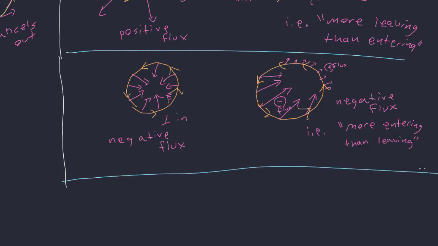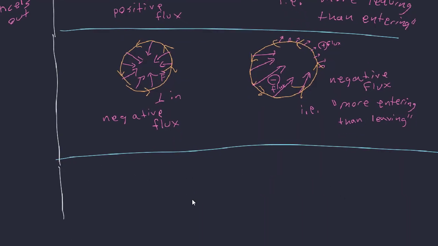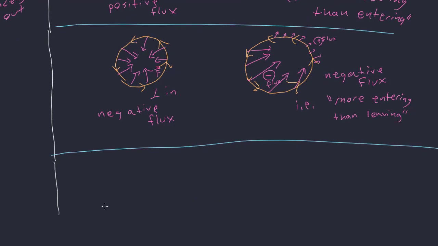And then for zero flux, well, say along the path we have a positive circulation, a nice, normal, positive circulation. Say the path is always tangent to the vector field. This would be zero flux.